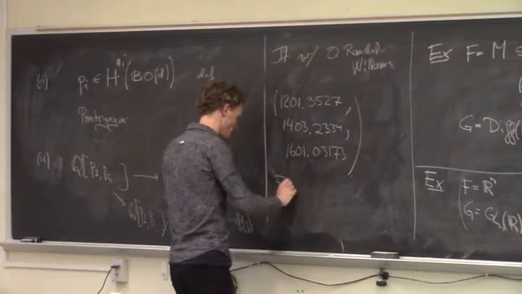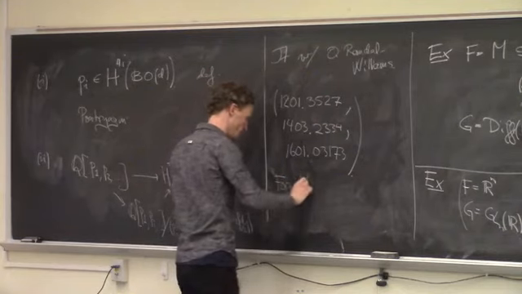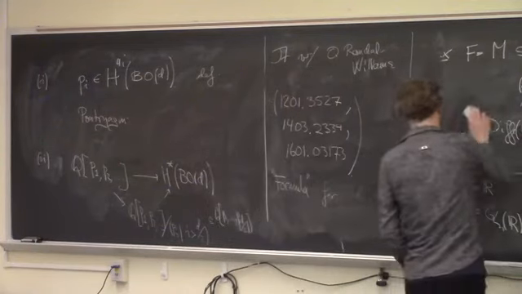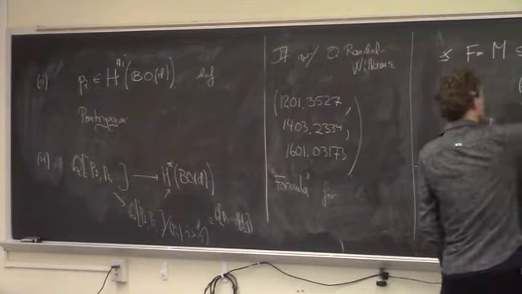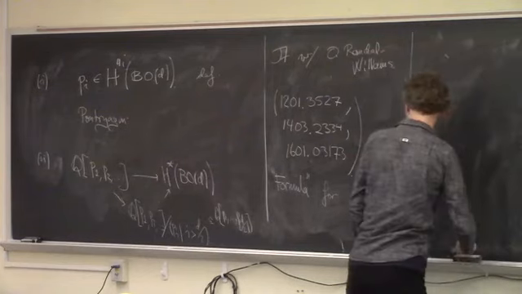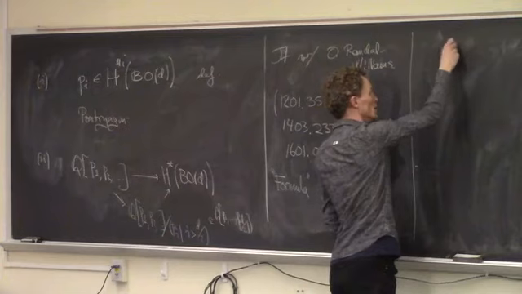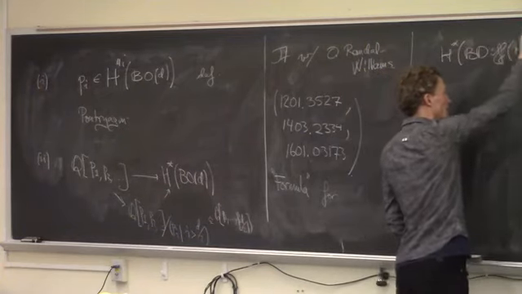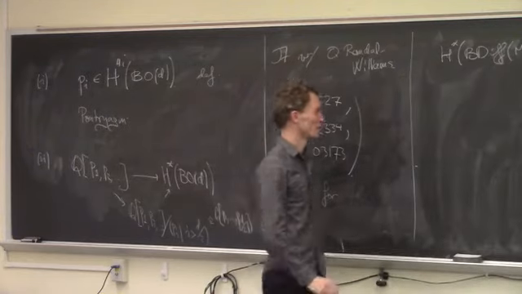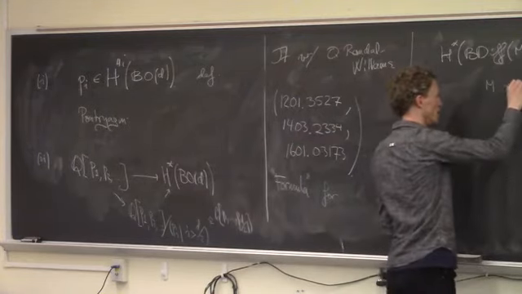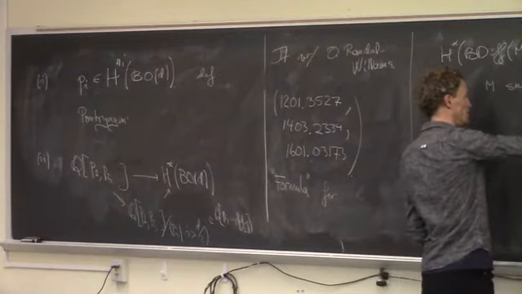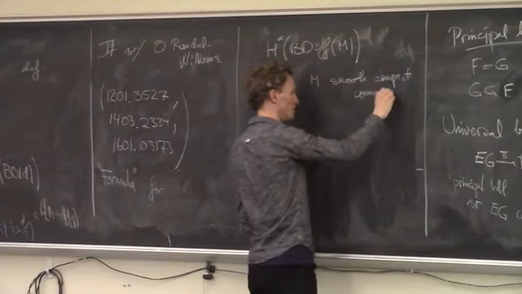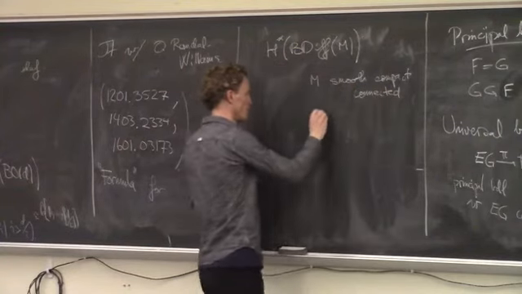So it's in some sense a formula for the cohomology of the classifying space, where M is, say, a smooth compact connected manifold of even dimension.